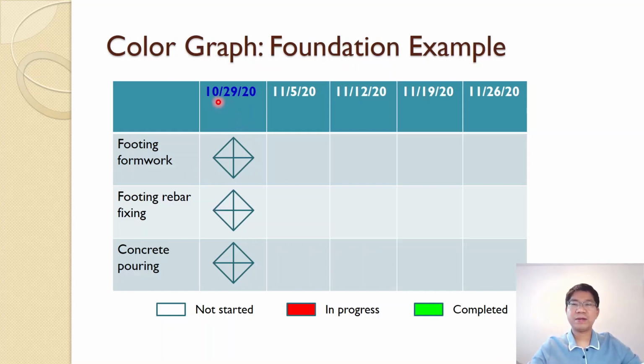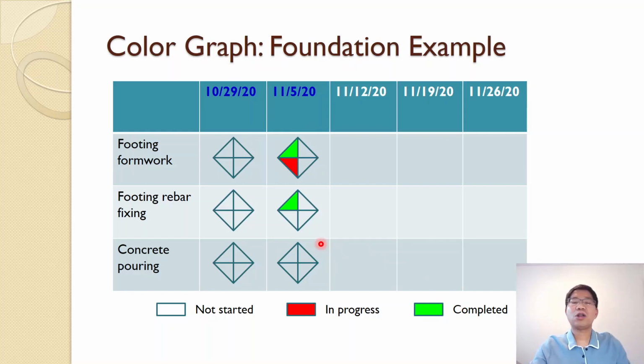In the first week, October 29th, nothing is complete, so it is not started. The red one is in progress and the green one is completed. Then we go to the next week using the color. You see for formwork, a quarter is green, which means we have 25% complete and 25% in progress.